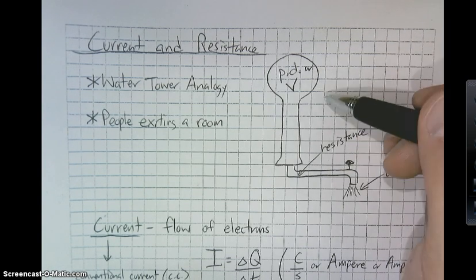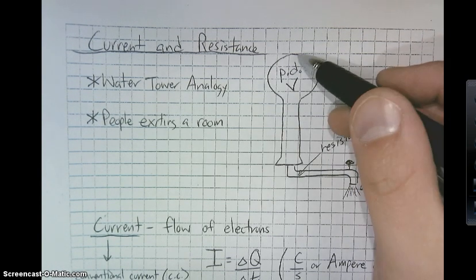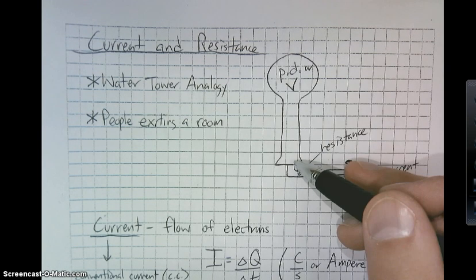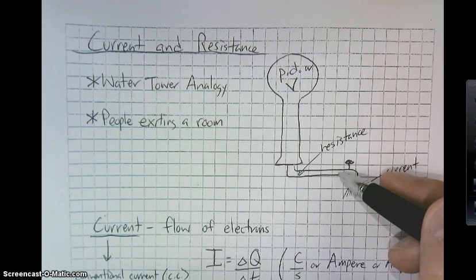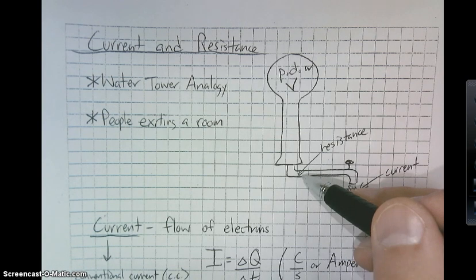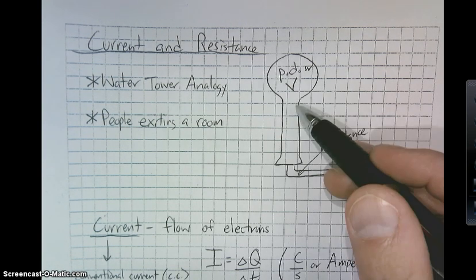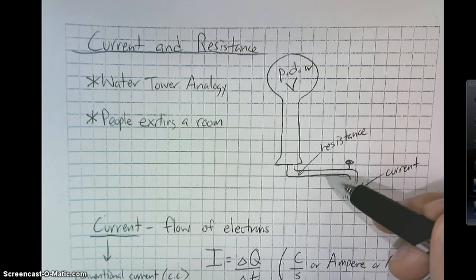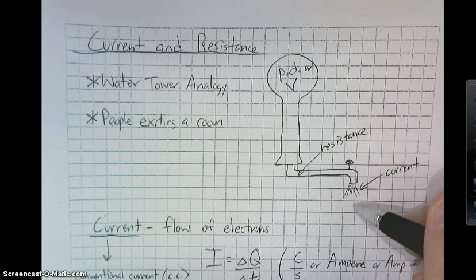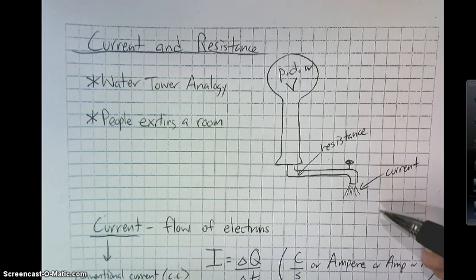Okay, so if this water up at this height is representing the potential, then the pipes that the water flows through, the actual width of the pipe, is providing some resistance to the flow of the water. So that pipe itself is considered a resistance, and then how fast the water comes out of the pipe is the current.